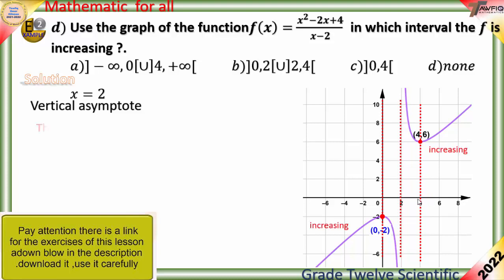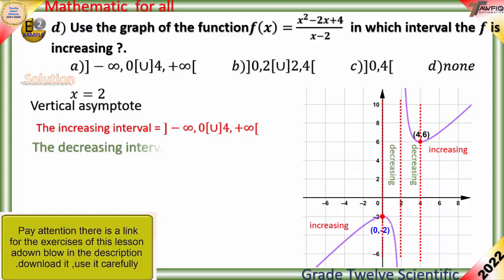That means the increasing intervals are from minus infinity to 0 and from 4 to positive infinity. And the decreasing intervals are from 0 to 2 and 2 to 4. That means f is increasing on (minus infinity, 0) and (4, positive infinity).